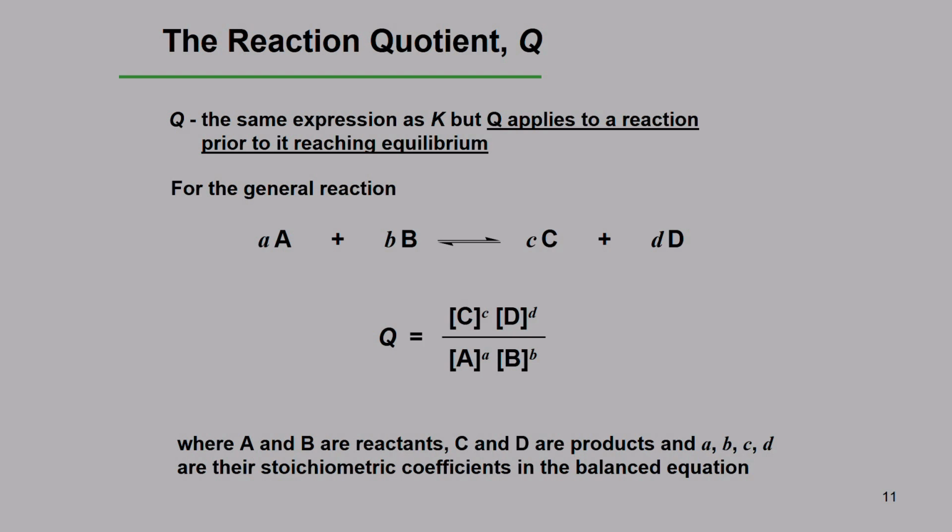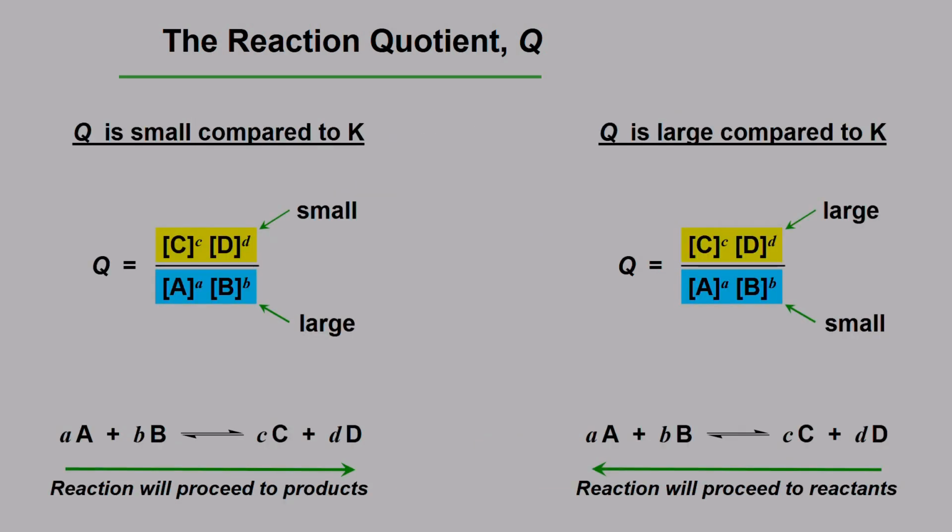The concentration of the products raised to their stoichiometric powers divided by the concentration of the reactants raised to their stoichiometric powers. The reaction quotient allows us to predict how a reaction is going to proceed if it's not at equilibrium already. So if Q is equal to K, the equilibrium constant, then we're already at equilibrium.